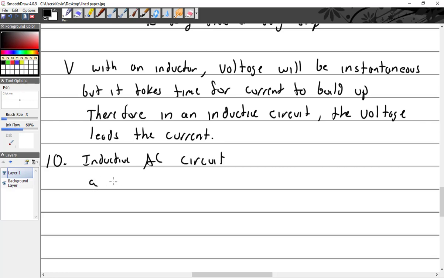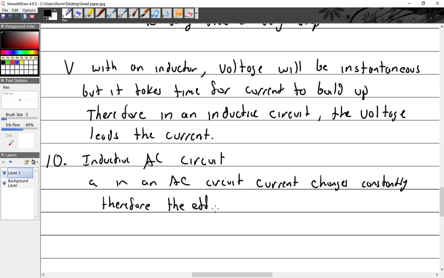In an AC circuit, current changes constantly. Therefore, the effects of inductance happen constantly.